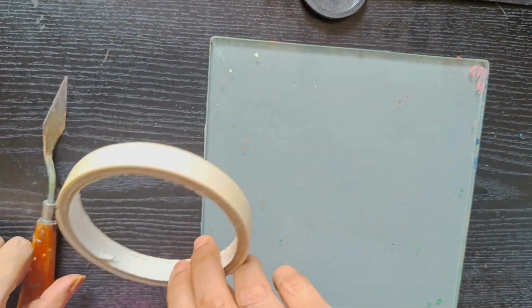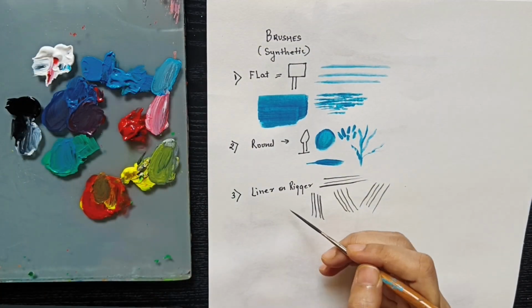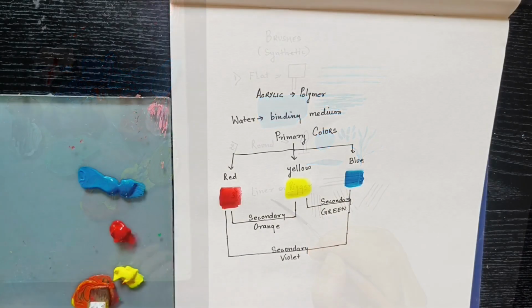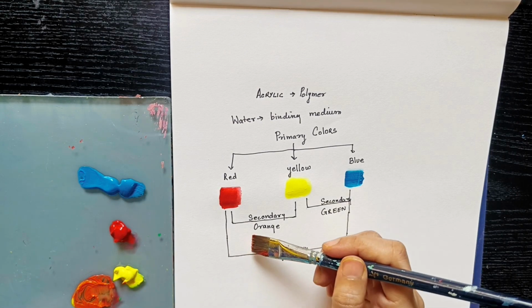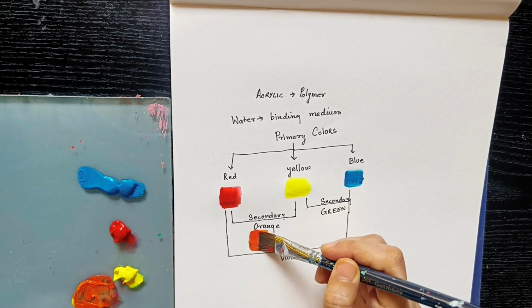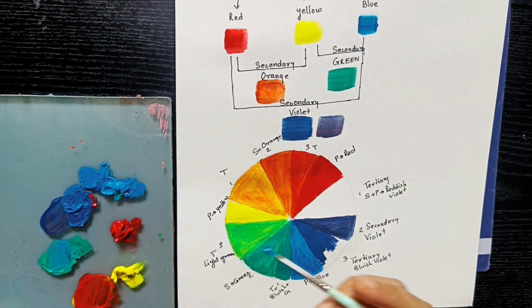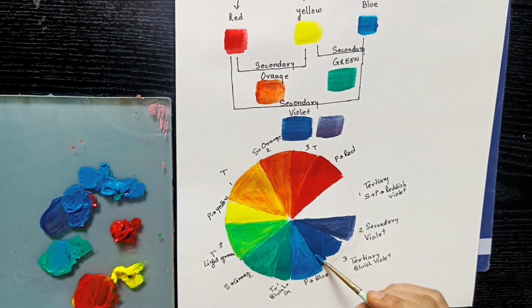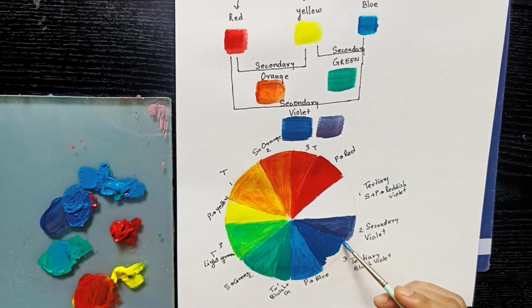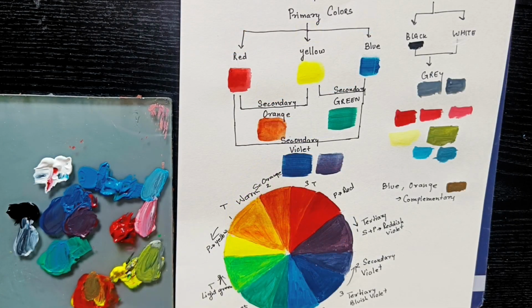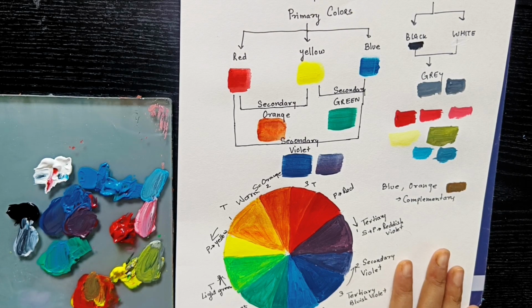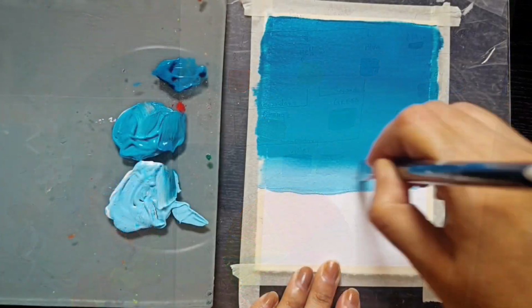Then come the brushes and brush techniques, how to use the brushes, then the color theory, the color wheel, everything we learn from scratch, the color combinations, how we can mix and match the colors. We will learn everything in detail. And apart from that, we will be learning 5 types of blending.